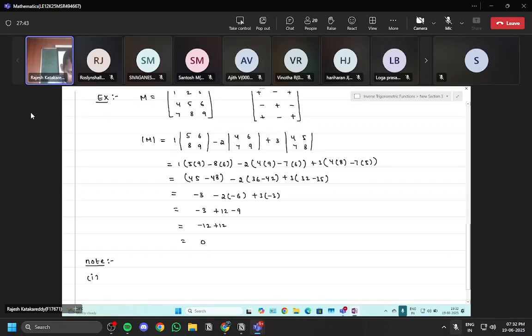Point number 1, determinant of a matrix is a scalar quantity.